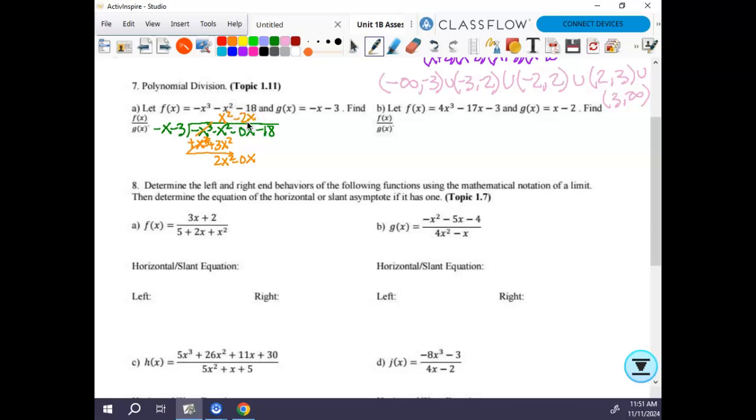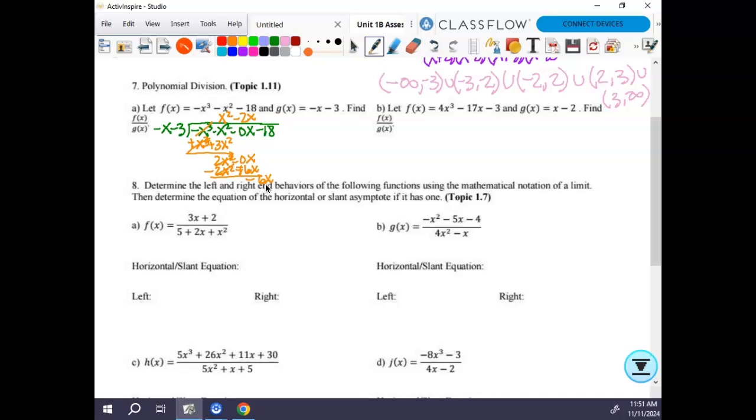And then, so negative 2x times negative x is a positive 2x squared plus 6x. Those 0 out once I change my signs. And so then I'm going to have a negative 6x.